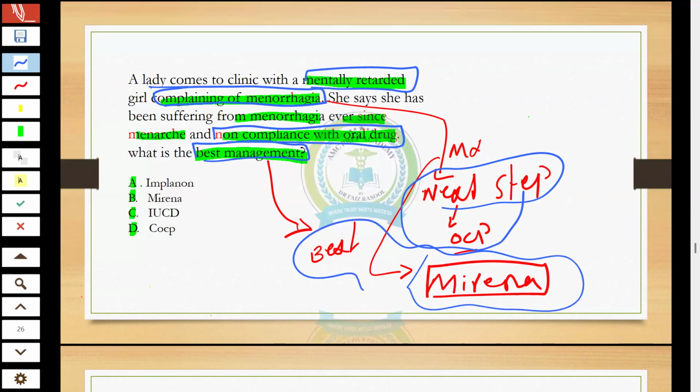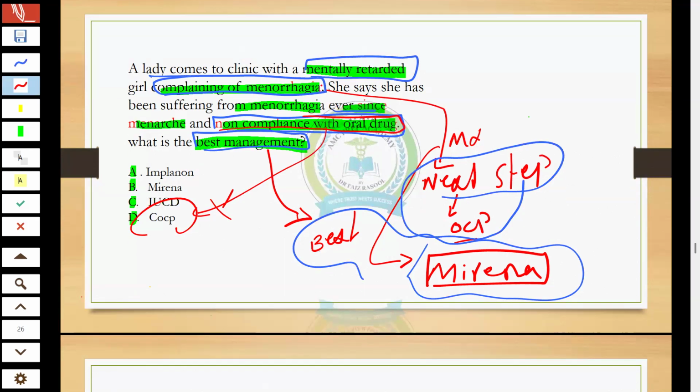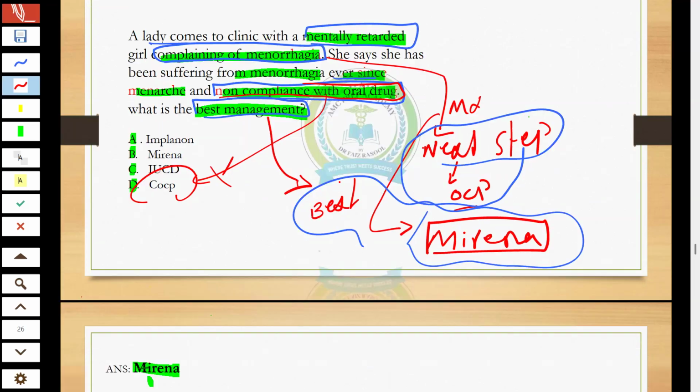They are also mentioning that the patient is non-compliant with oral drug. So don't think about OCP. This is gone. And best management, and the patient has menorrhagia, so best management is Marina. Okay, doctors, good.